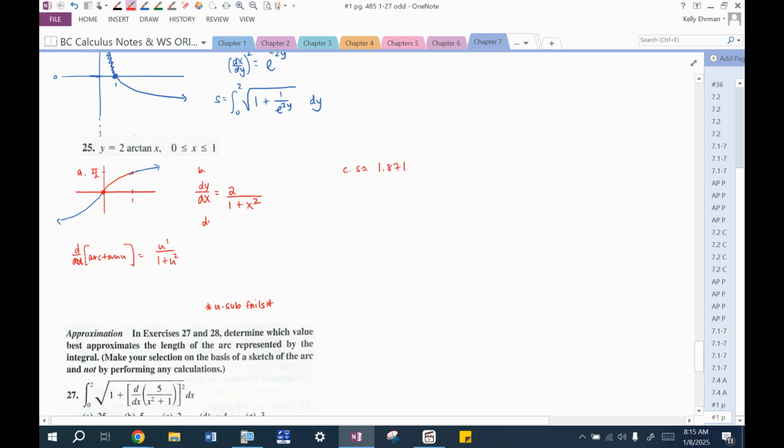And then if you want to square that, dy dx squared would be 4 over x to the 4th plus 2x squared plus 1. And the arc length would be the integral from 0 to 1 of the square root of 1 plus 4 over x to the 4th plus 2x squared plus 1 dx.